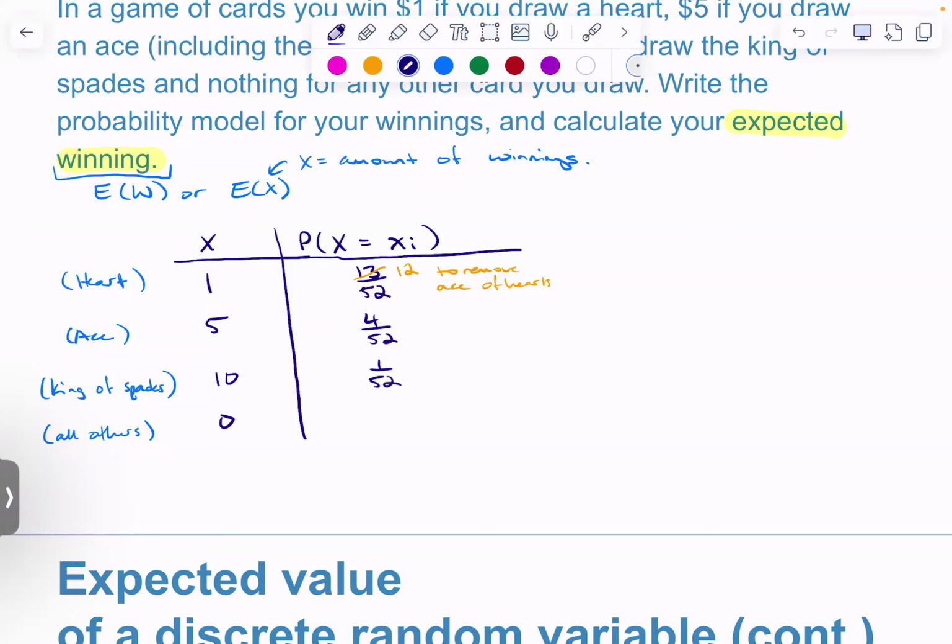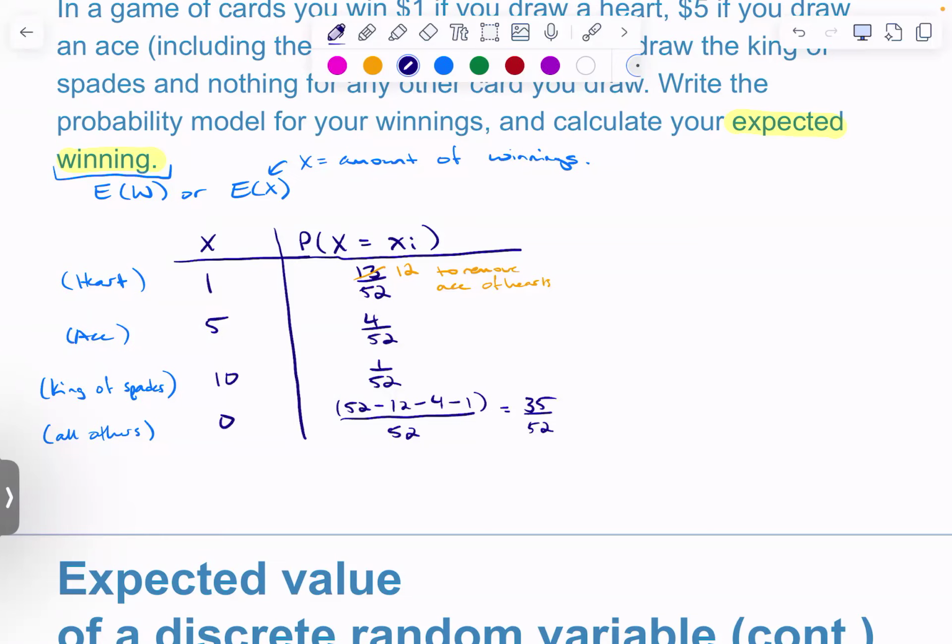All the other cards, well, I'm taking from 52. I think the easiest way, instead of trying to identify which ones are all the others, how about if we did 52 and take away all the cards that I've already used, right? 52 minus 12 minus 4 minus 1 over 52 is what? 52 minus 12 minus 4 minus 1 is 35 over 52.